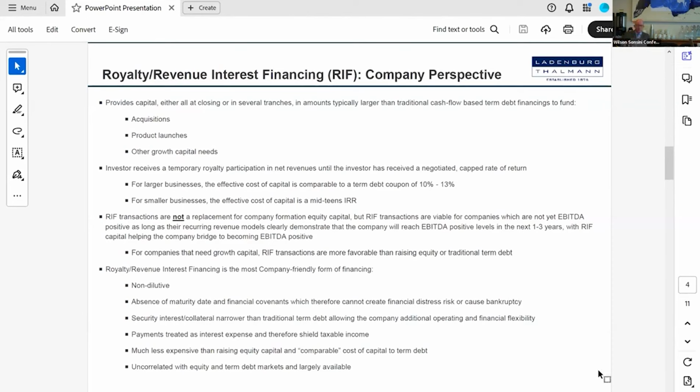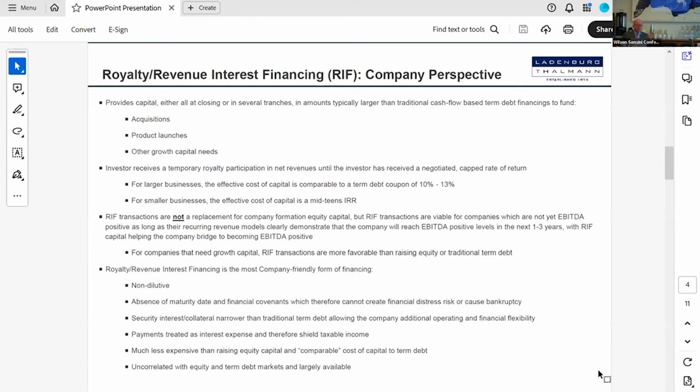So I'm now going to take this from two perspectives. First, the company perspective, the company that's raising the money. These transactions are typically structured either with all the money at closing or some at closing with other tranches. It actually provides more money.